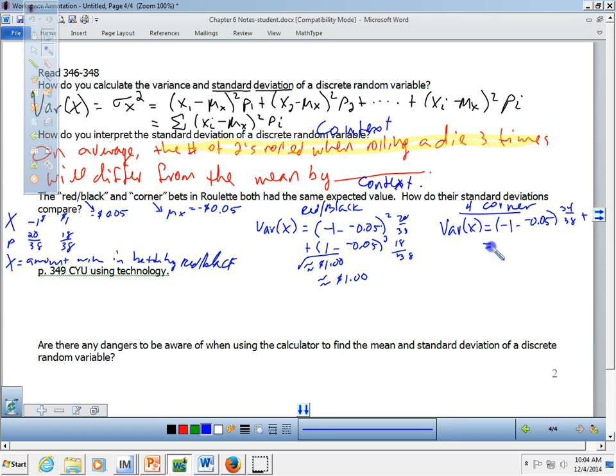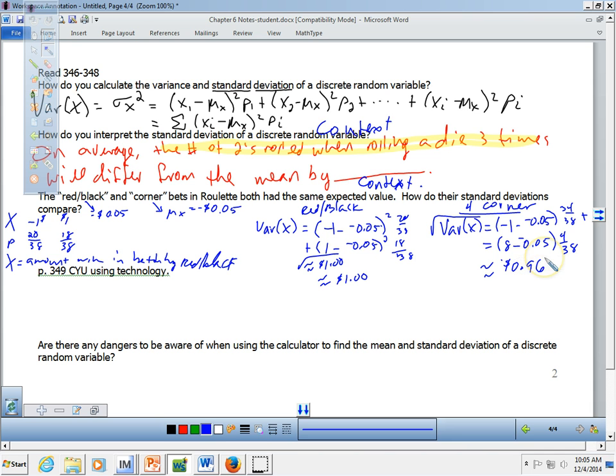You add to that the possibility of winning $8, subtracting your negative 5 cents from it, and multiplying by its probability, which is 4 out of 38. Okay? You do this math, and then you have to square root. When you square root your variance to get your standard deviation, and you can verify this if you'd like by typing that into your calculator, you're going to get about 96 cents.